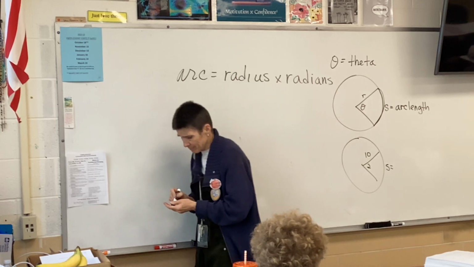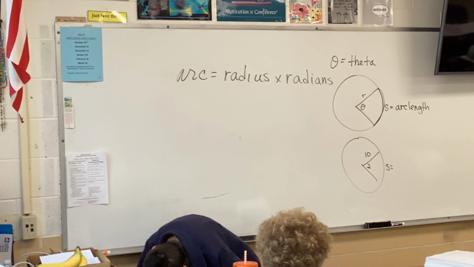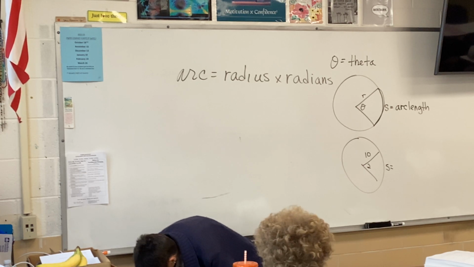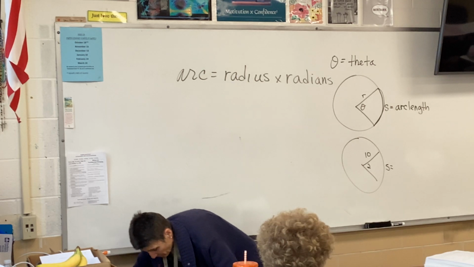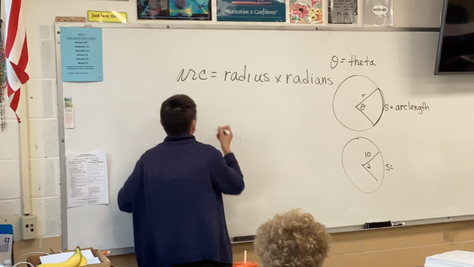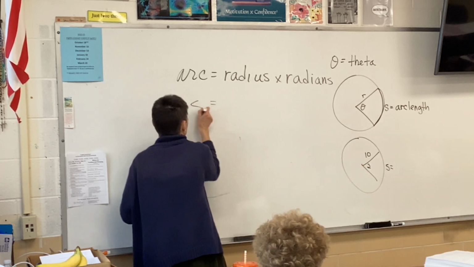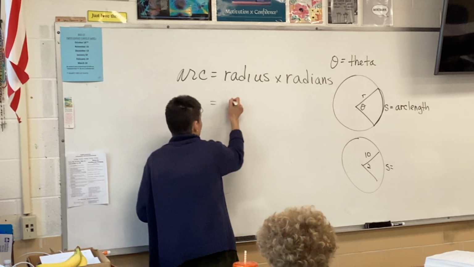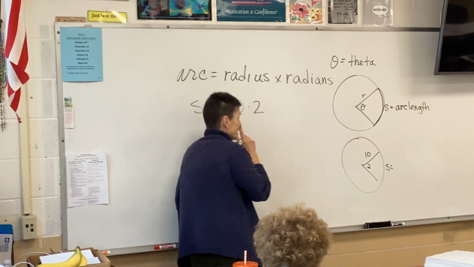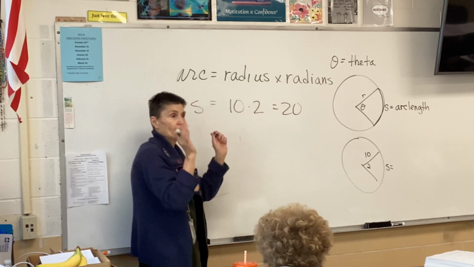Put a circle around it. Arc length equals radius times radians. Okay? So for this problem, arc length equals the radius times the radian measure of the angle, so the answer is simply 20.